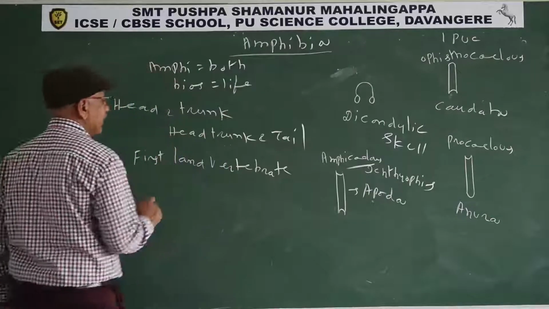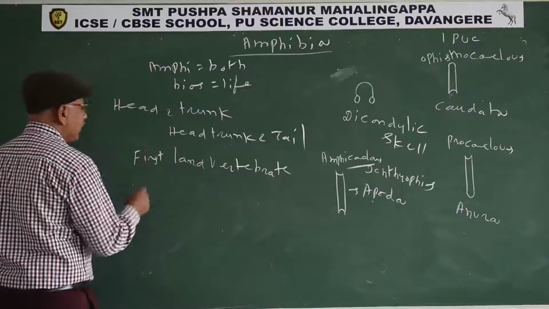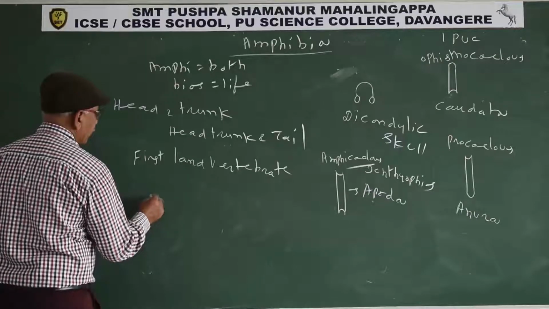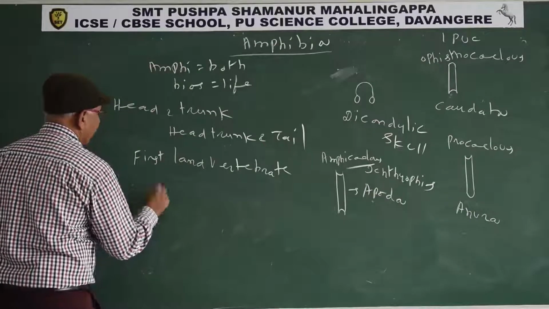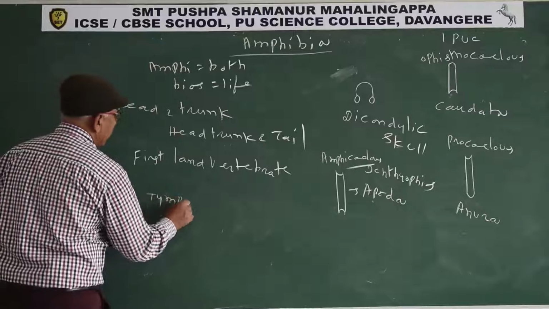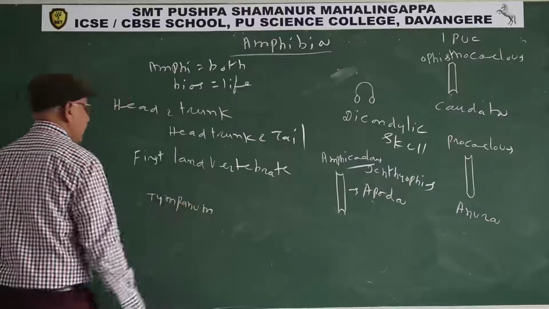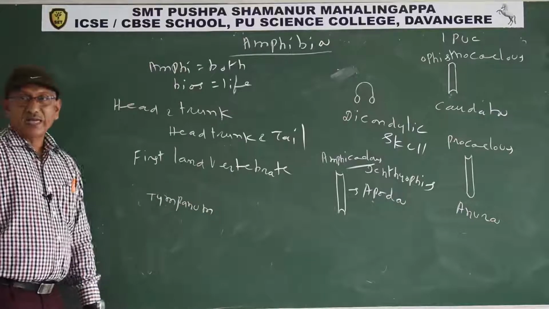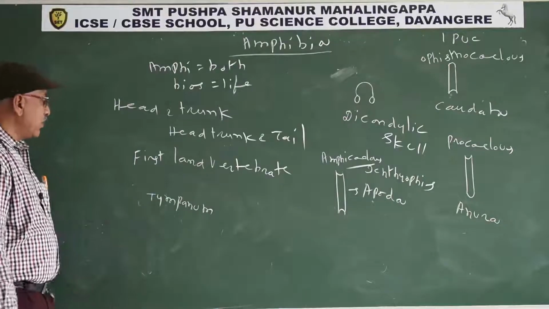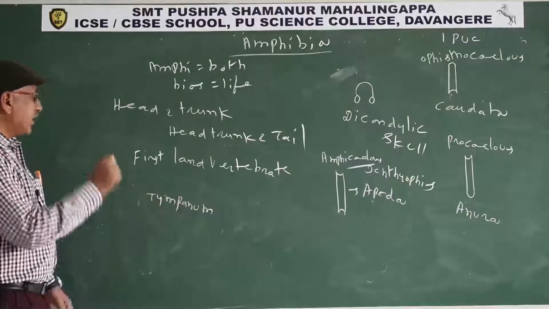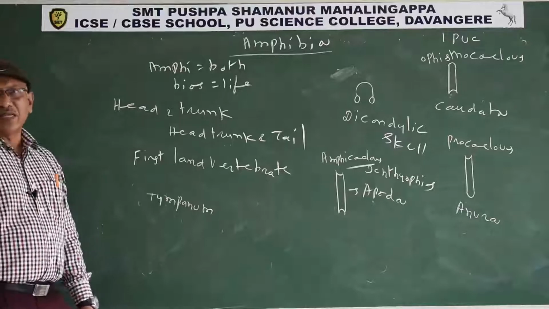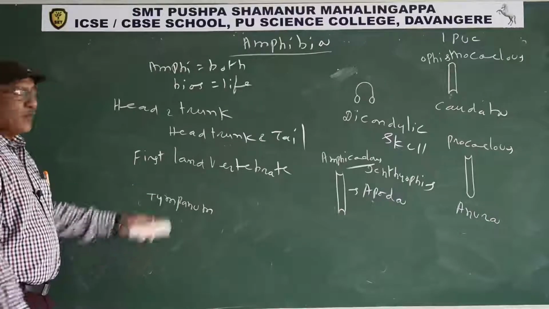Fishes have only internal ear. First time in amphibia, middle ear. External ear is represented by tympanum, only eardrum. Pinna and external auditory meatus are absent. Tympanum is a thin circular skin that receives the sound vibration.